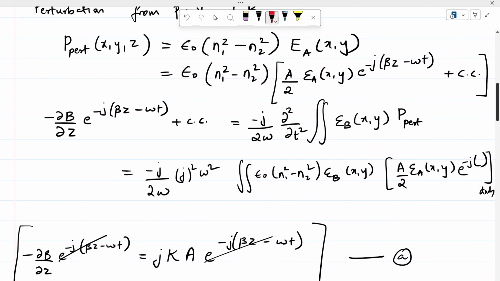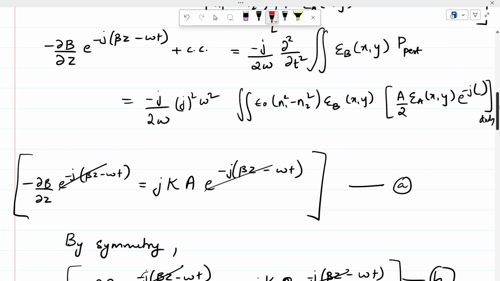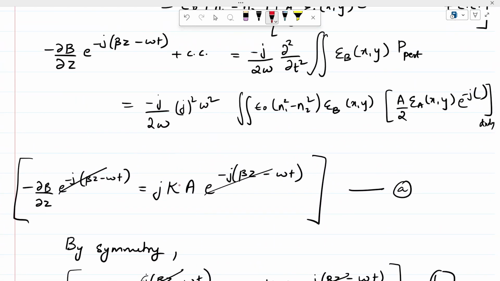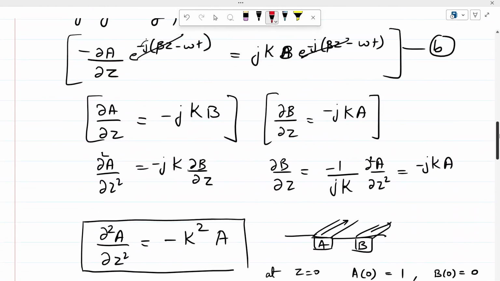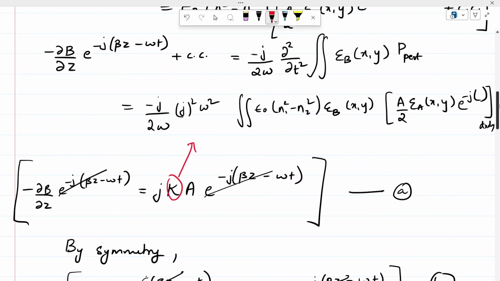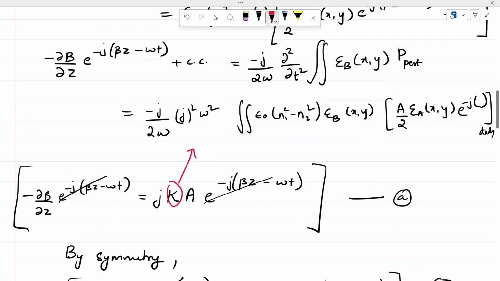There was the equation for coupling coefficient. We didn't explicitly write it down. So this coupling coefficient was all the remaining terms in this equation, basically epsilon naught n1 square minus n2 square, then j omega over 2, then this 2 also.